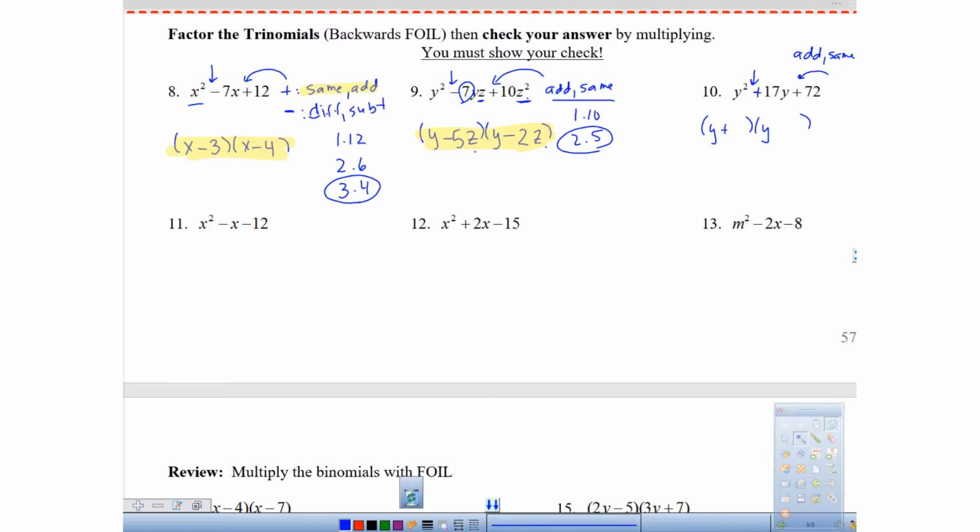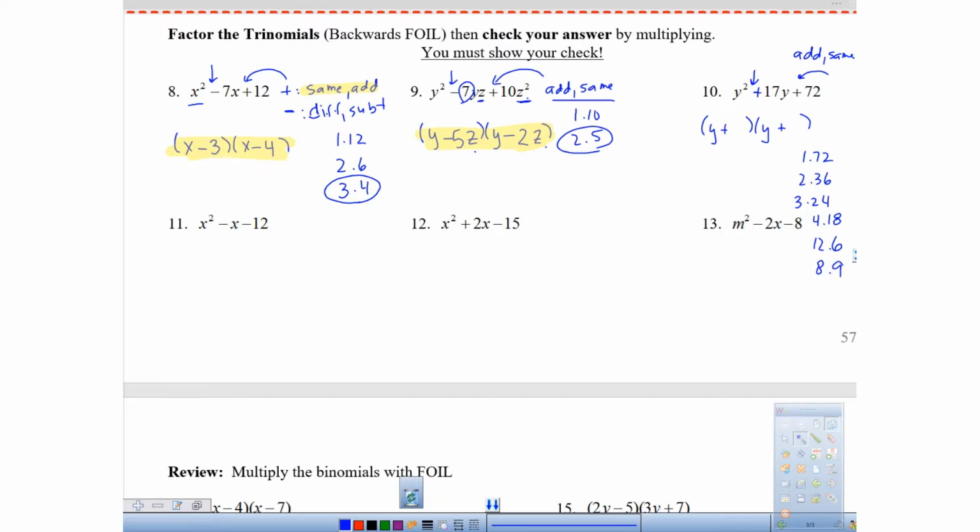So they're both positive. 72, what gives you 72? 1 and 72, 2 and 36, 3, I think, 3 and 24, and 4 and 18, and 6 and 12, and 8 and 9.